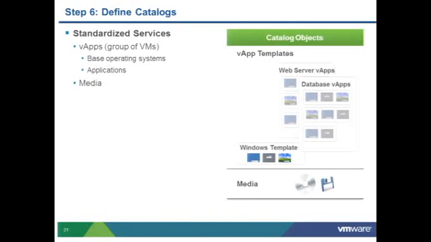So with this concept here, we're trying to steer consumers into a standard set of services, a standard set of vApps that they can just pick and choose from that fits most of their use cases. And by doing this, they can provision these very quickly rather than having to wait for things on demand individually.